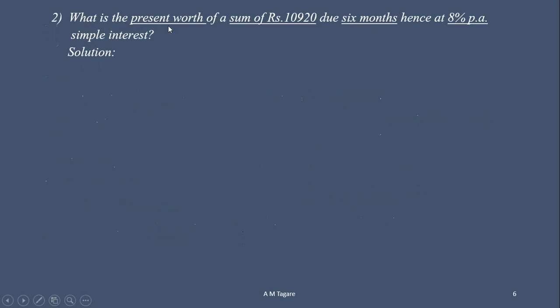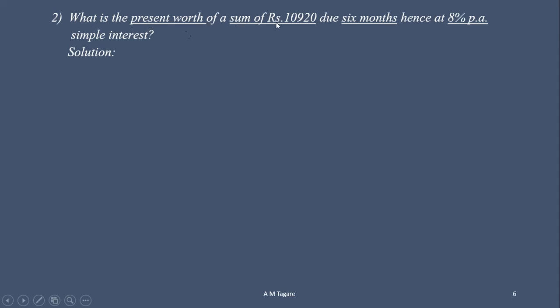Now one more example. What is the present worth of a sum due of rupees 10,920 due 6 months hence at 8% per annum simple interest? Now here in this example we want to find present worth.